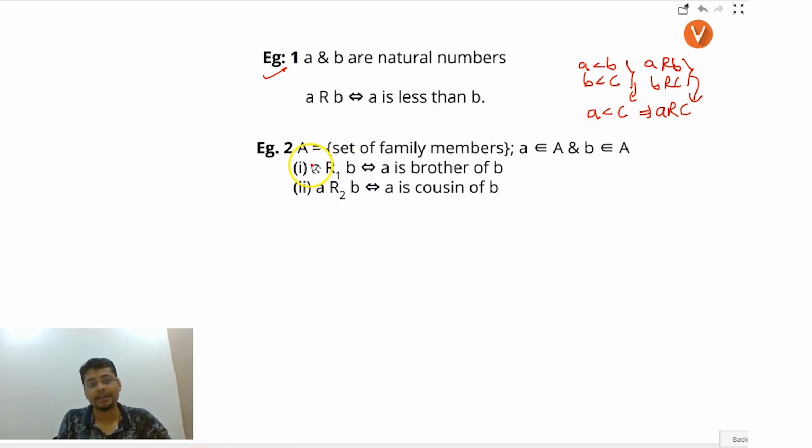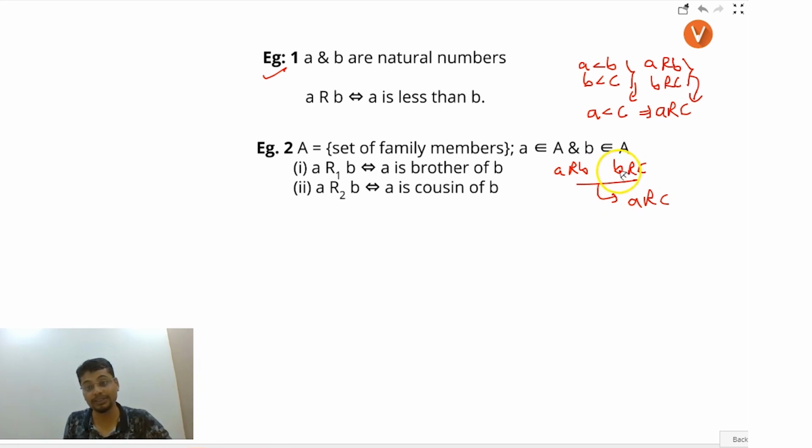All right. Let's take that question here. Set of family members, A and B both belong to that set of family members. These both are transitive. How? If A is brother of B and B is brother of C, that implies A is brother of C, right? Because that means A and B both are male.